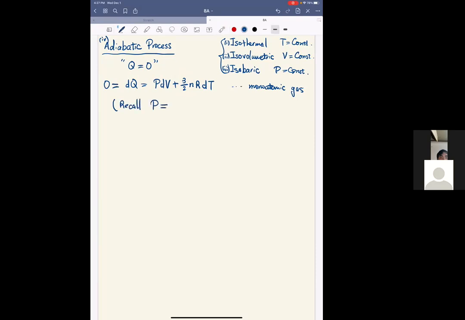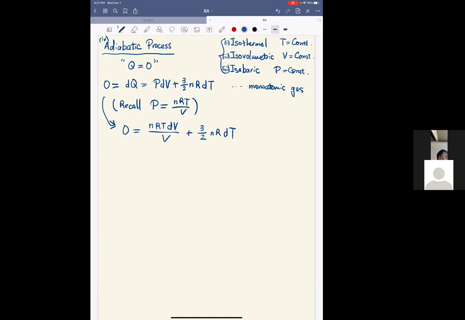And we may also recall that by the ideal gas law, P equals to nRT over V. So this condition is equivalent to saying that 0 equals to nRT dV over V plus 3/2 nR dT.